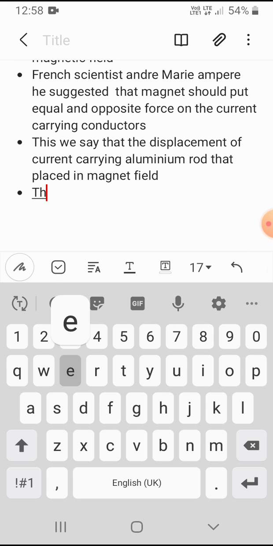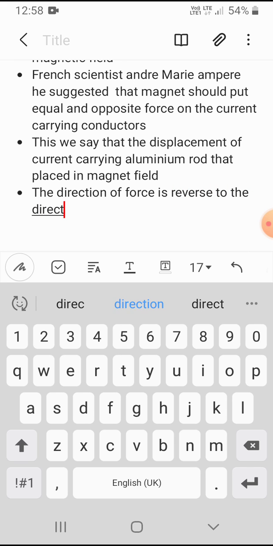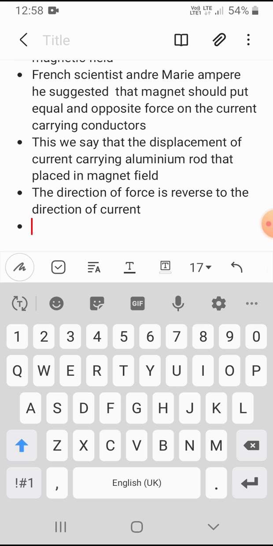And the direction of force is reverse to the direction of the current.